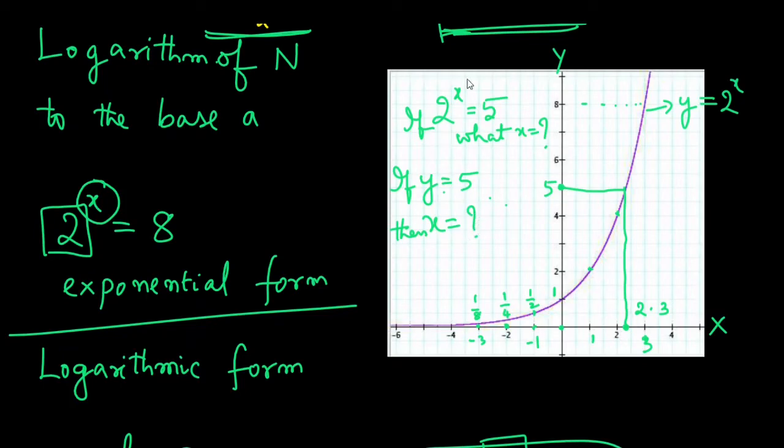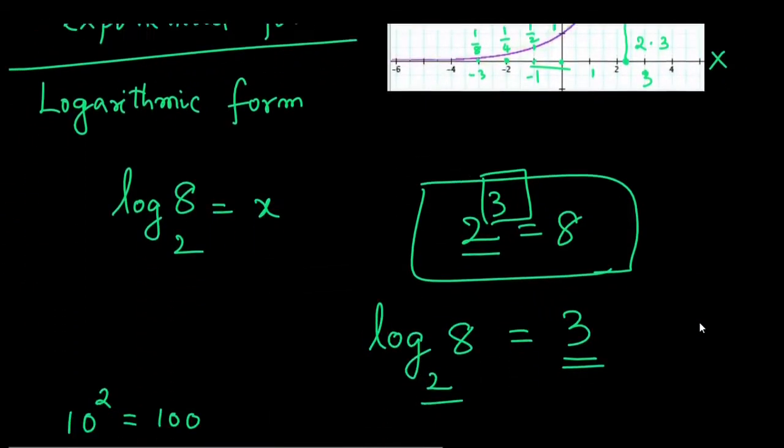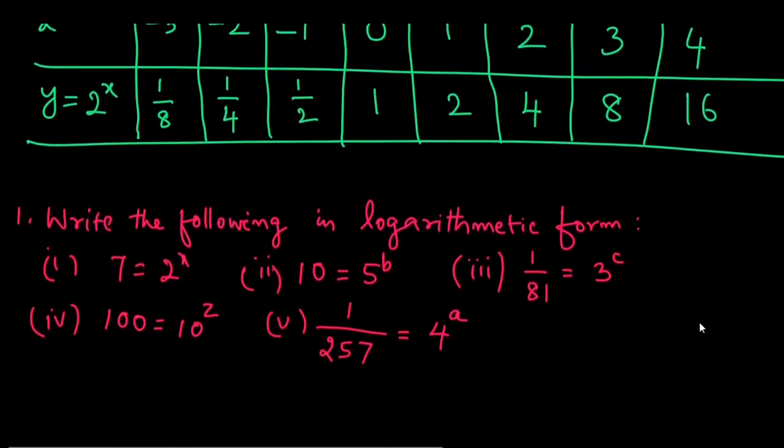So here we are establishing a relation between x and y. While varying x, we are getting y. Suppose we make y as independent value and x as dependent value. In that case, that relation is called logarithm. For various values of y, what are the values of x? That is called logarithm. Now let us look at some examples.